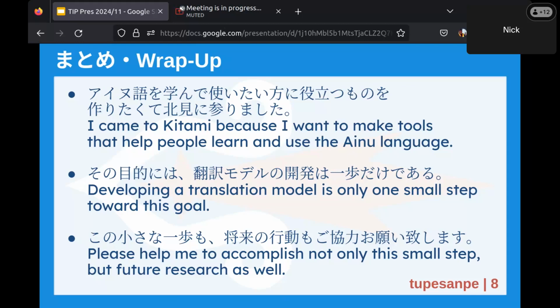And Ainu is a language isolate that is on the verge of extinction, and it is a language in Japan.